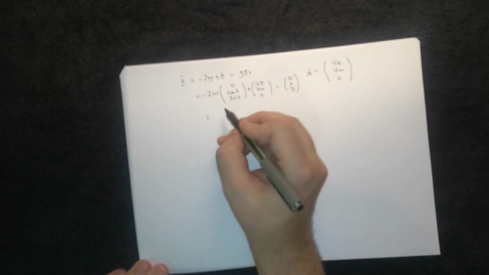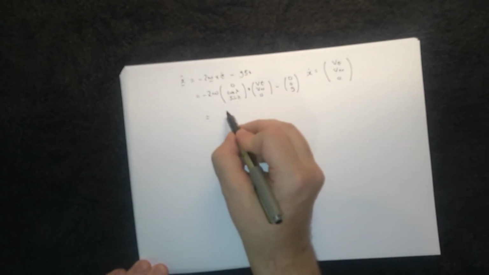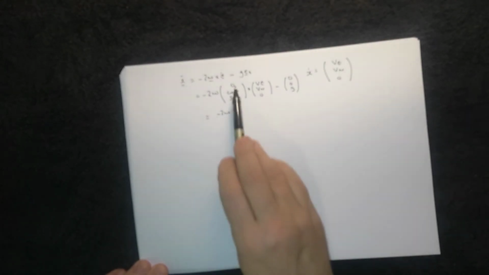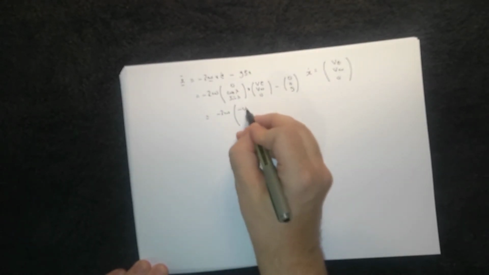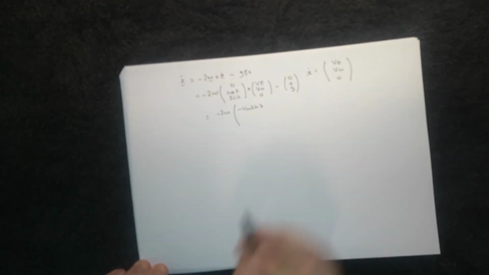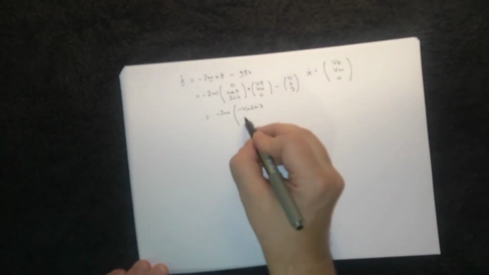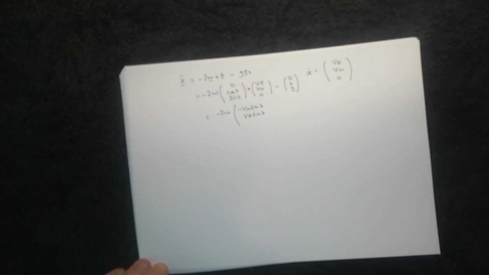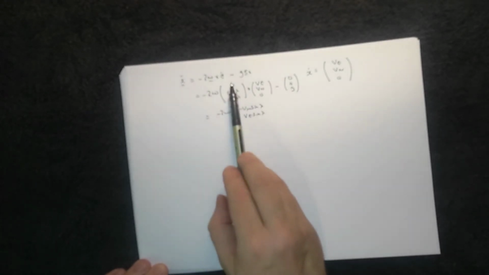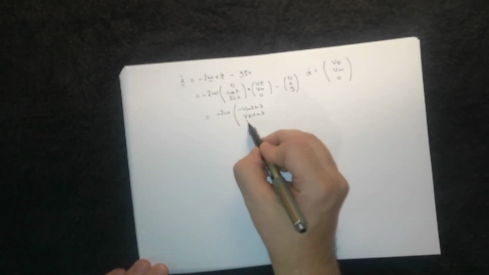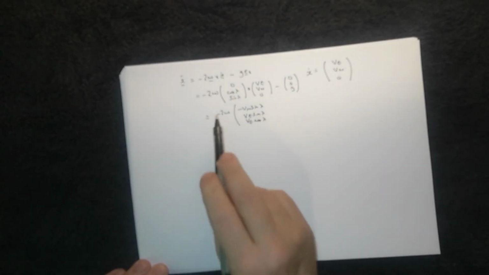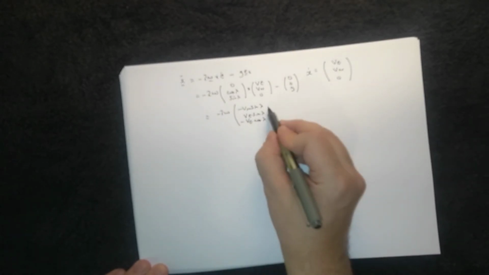And that's equal to minus 2 omega times (minus V_n sin lambda, V_E sin lambda, and the last component is V_E cos lambda with a minus sign).